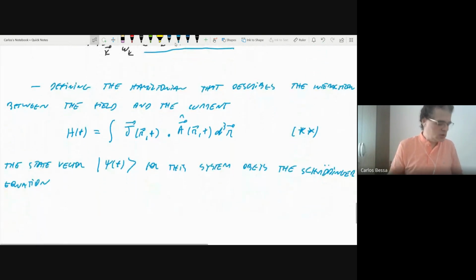And just to remind, d/dt psi is minus i over h bar, the Hamiltonian operator, psi.